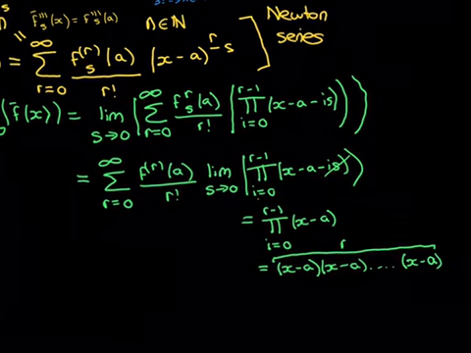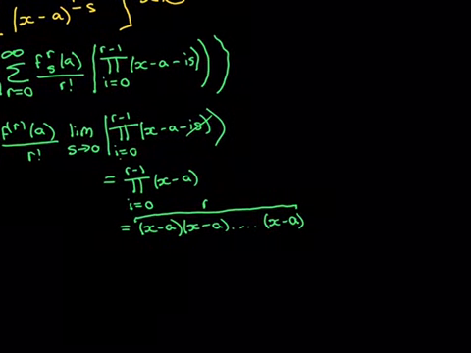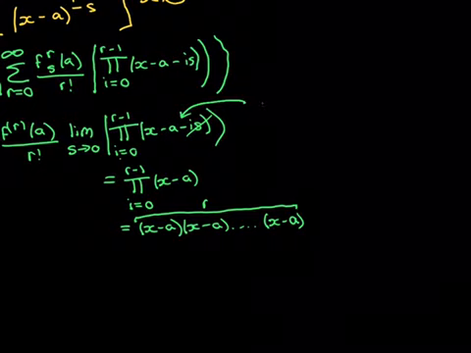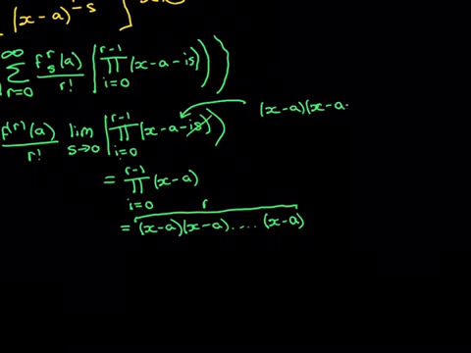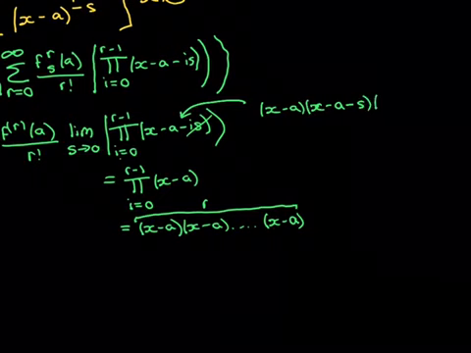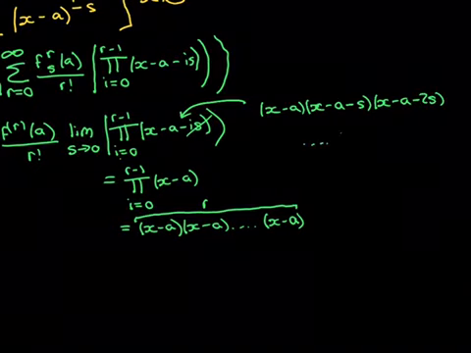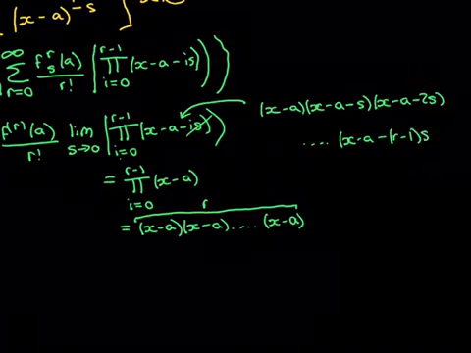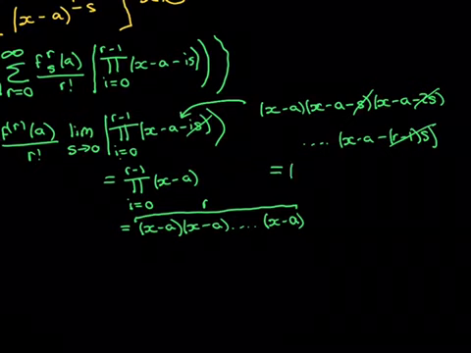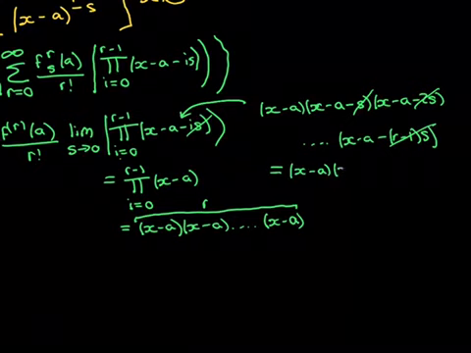So just to give you a more detailed explanation of what's happened there, remember that if we write this out in full, what this means is x minus a times x minus a minus s, x minus a minus 2s, all the way up to x minus a minus r minus 1 s. Now, if all of those s's are approaching 0, they effectively just vanish because these are all just becoming 0. So all you're going to end up with is x minus a times x minus a.